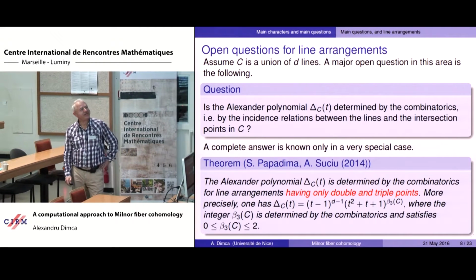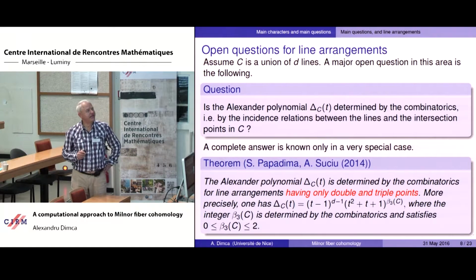So, you see, the complete answer is known only in a very special case, for line arrangements having only double and triple points. And this is a very recent result, and quite difficult to prove. Actually, Papadima and Suciu proved that this Alexander polynomial has this factor, which is obvious because it's the number of irreducible components minus 1, plus some cubic roots of unity, and the number of cubic roots is at most 2 and is determined by the combinatorics.